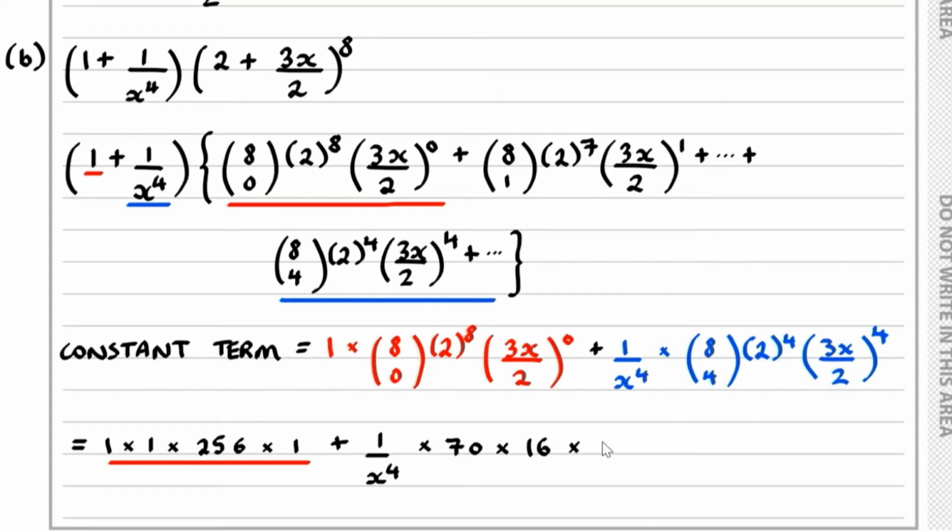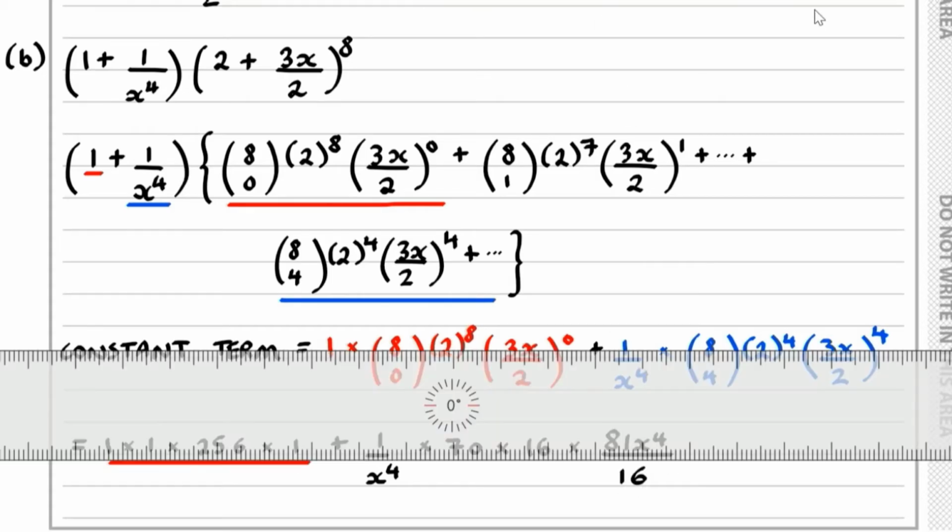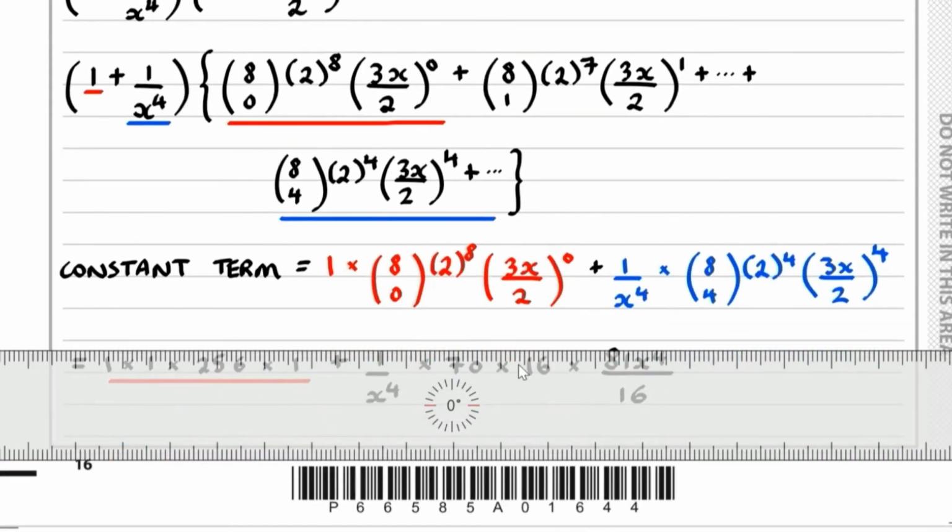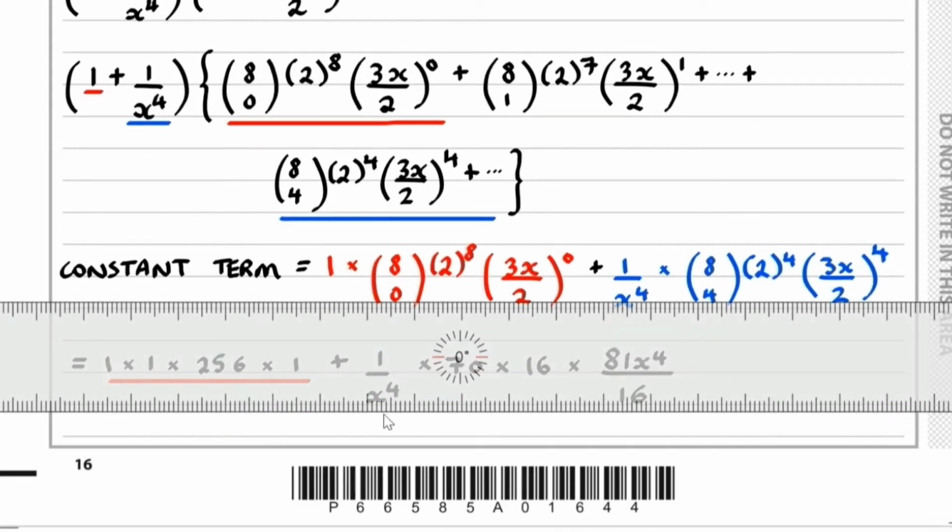So we multiply this by 81 x to the 4 over 16. That is these terms multiplied together.